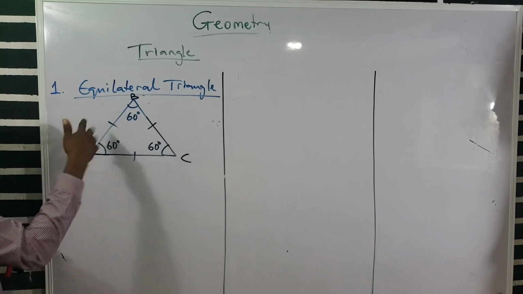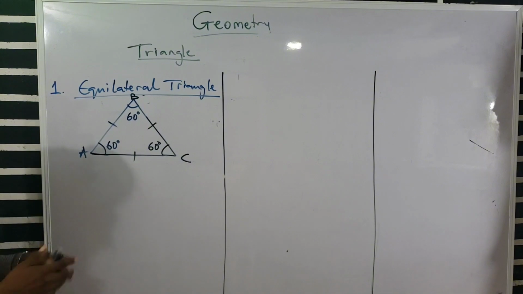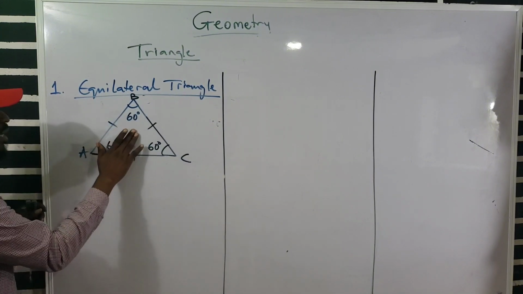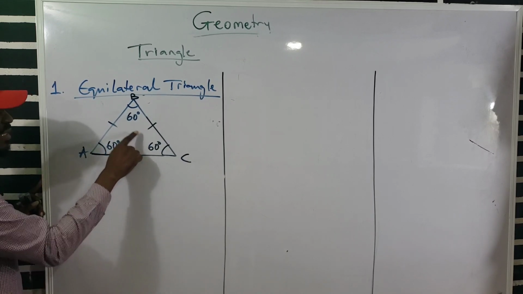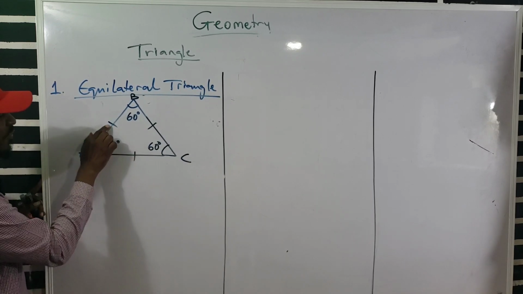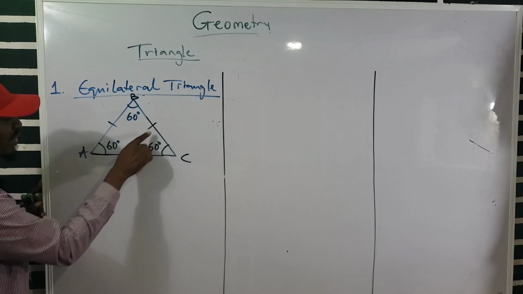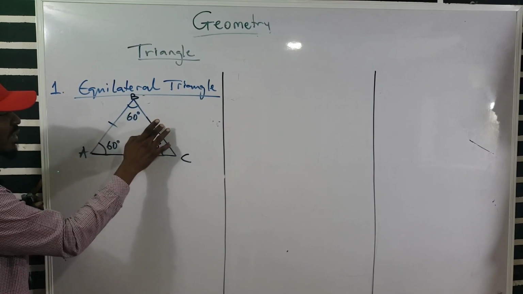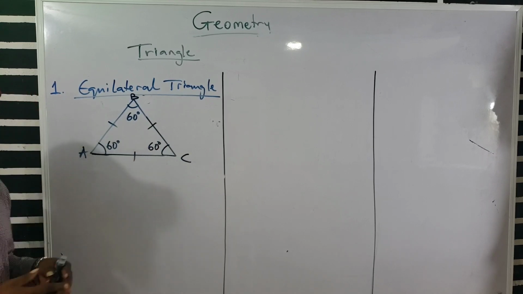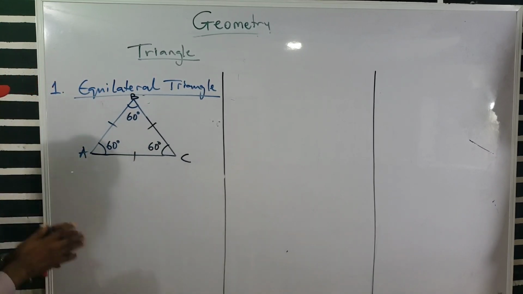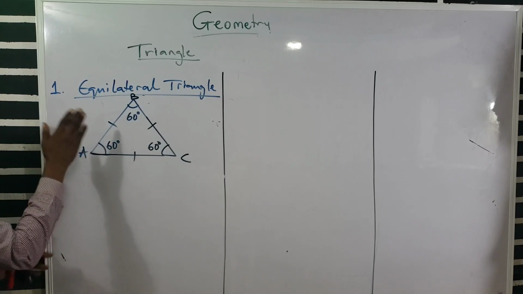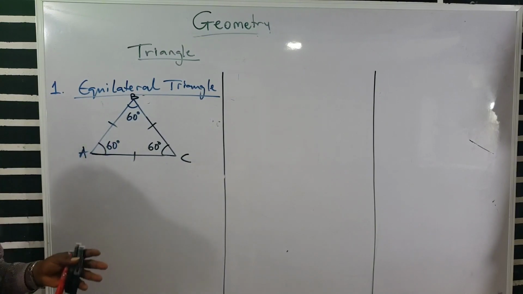Equi means equal, lateral means side. So equal-sided triangle, that's what equilateral means. In an equilateral triangle, we have the angles as 60, 60, 60, and of course, you can see the strokes there. That shows that this side is equal to this side is equal to this side. Apart from the general properties of a triangle, what other special properties will an equilateral triangle have?